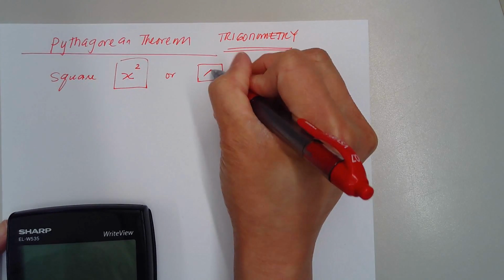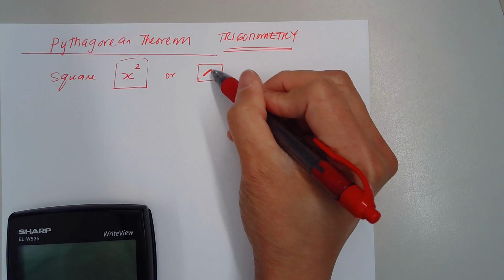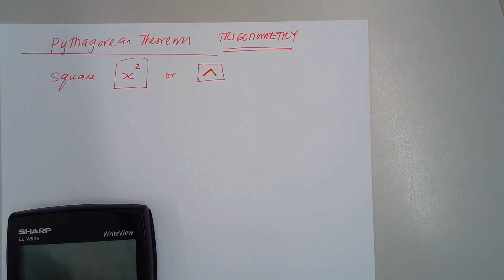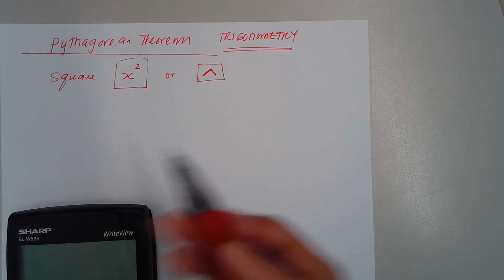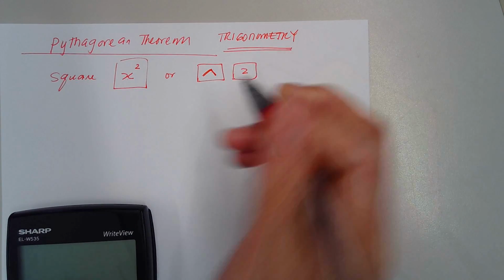Other calculators have what looks like an upside down V. It's called a caret key. You have to press this, and then let the calculator know that it's squared, so after you press it, you press 2 right after.